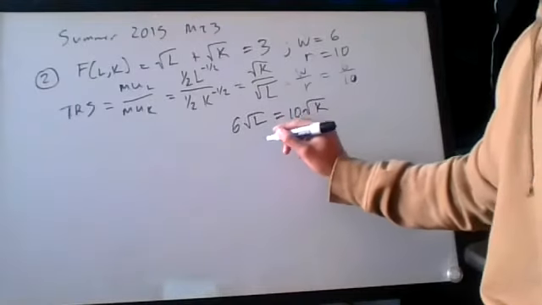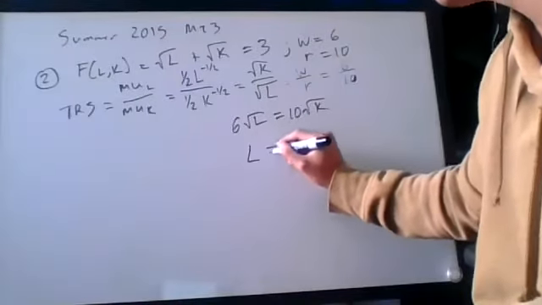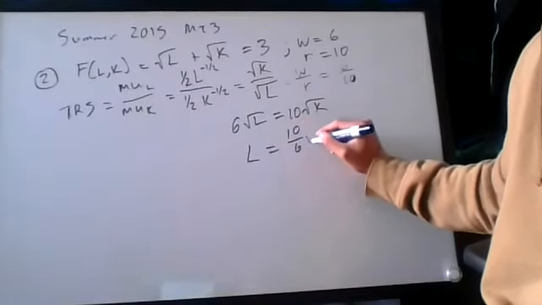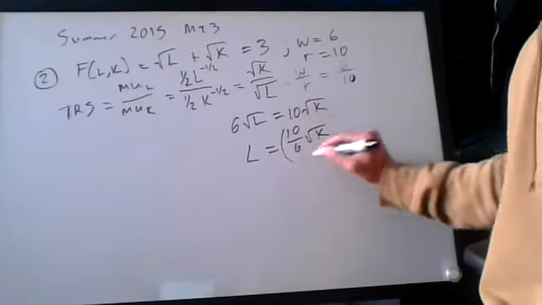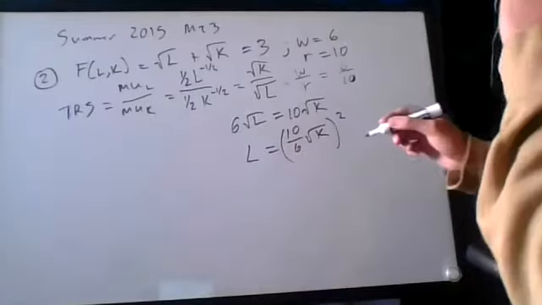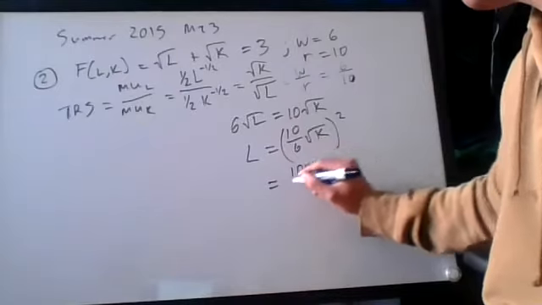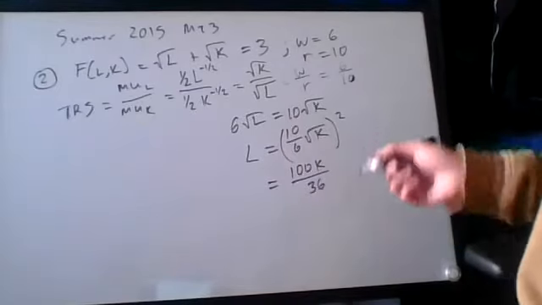L is going to be equal to 10 over 6 times the square root of K, all that squared. So this is equal to 100 K over 36.